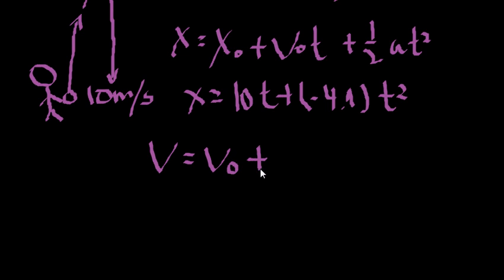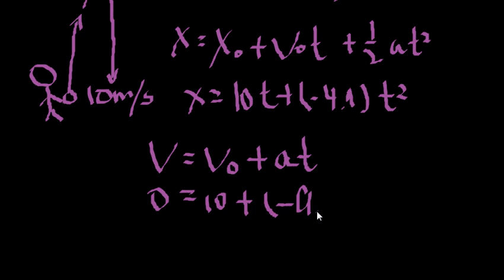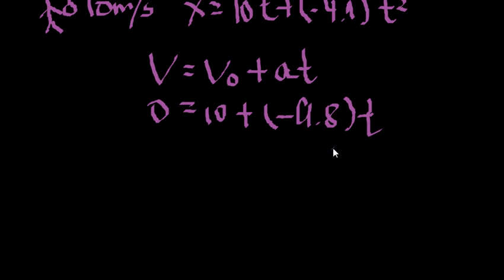So 0 equals 10 plus at, which is minus 9.8t. So 9.8t equals 10, and then t equals 10 divided by 9.8, which is 1.0204 seconds. That's the total time it takes to get from here to here.